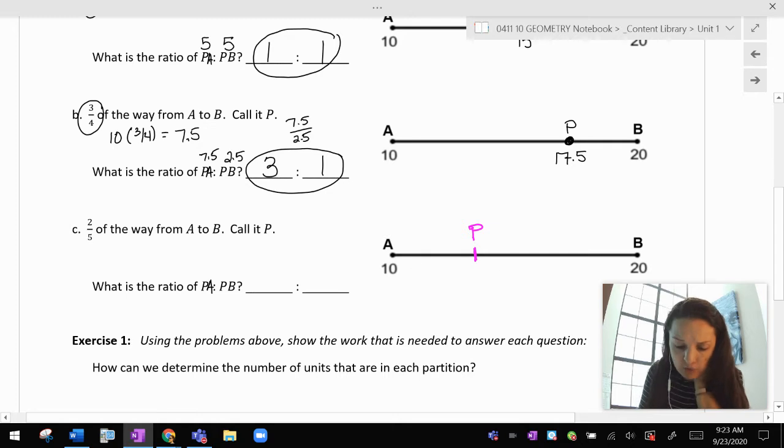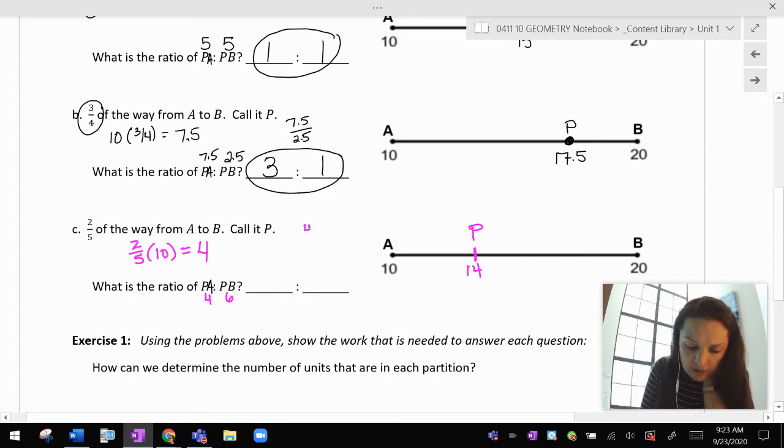Well, there's 10 units total. 2/5 of 10 units, 2/5 times 10, is going to be 4. So from A to P is 4 units. So PA is 4. And from P to B goes 14 to 20, that's 6 units. And 4/6 is the same as 2/3.